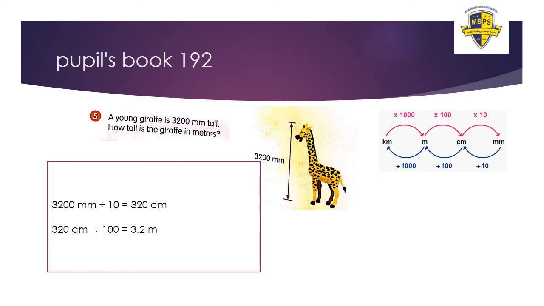Cross the 1 0 with 1 0. Now it's 32 divided by 10. Okay, 32 divided by 10 means I shift the decimal point one digit to the left. So it's 3.2 meters.